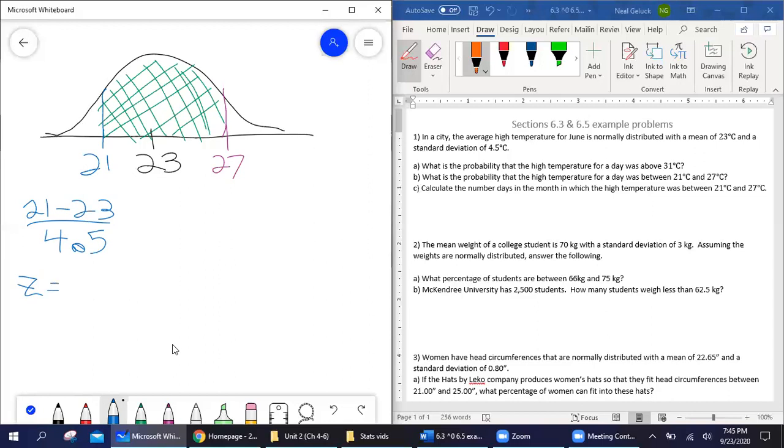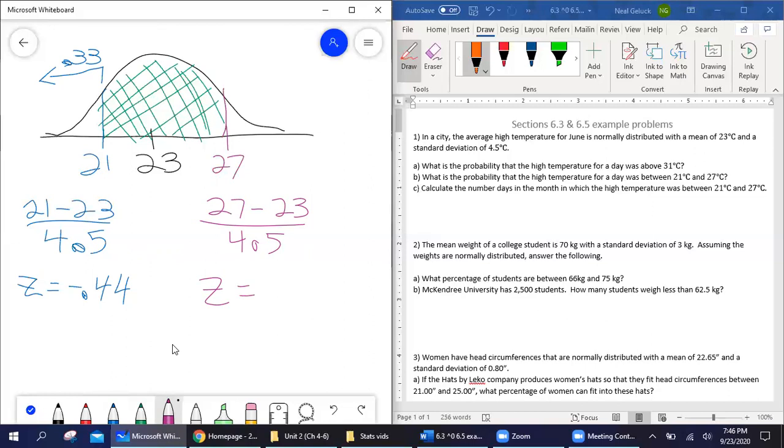So again, if we round to 2 decimals, that's negative 0.44. If you go to your z-score sheet, the area left of that is 0.33. I still need to figure out the z-score for 27. If I run that, you'll get 0.8 repeating. So again, rounding to 2 decimals, we'd have 0.89.